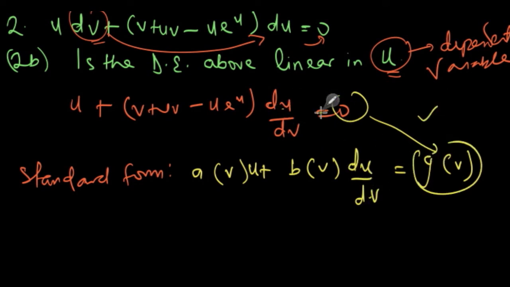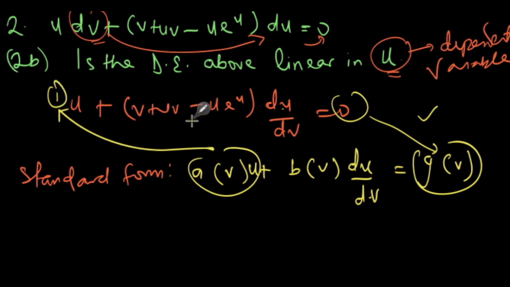Now this is du/dv, that's correct. What we have here is A of v mapped to 1, which is still correct. But what you observe is that the coefficient of du/dv is supposed to be a function of v only. But this is v, and this contains u.